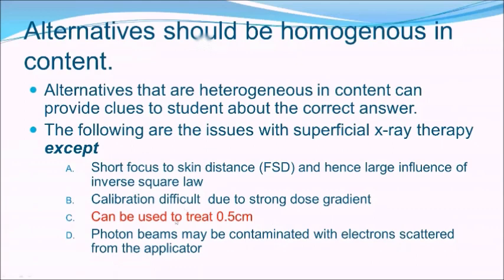So here it says short focus to skin distance and hence large influence of inverse square law. Calibration difficult due to strong dose gradient. Photon beams may be contaminated with electron scatter. And here I am saying it can be used to treat up to 0.5 centimeter. So naturally, people will easily catch it. This type of non-homogeneous alternative should be avoided.